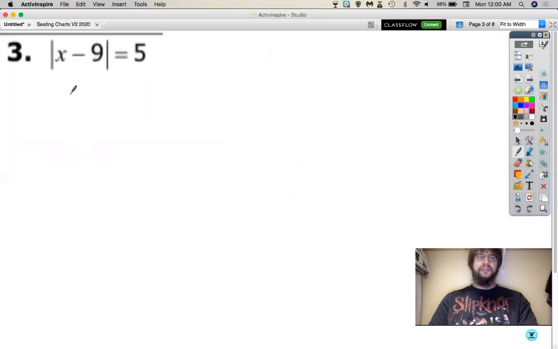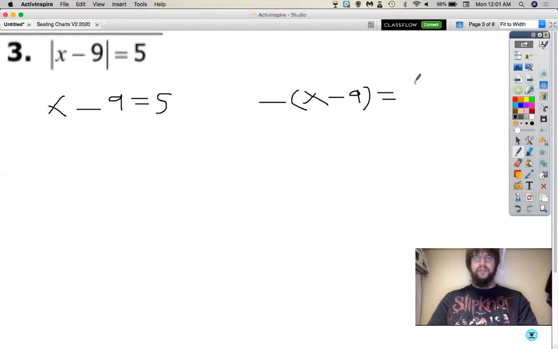So in essence, we're saying either x minus 9 equals 5 or the negative of that, because remember, the absolute value just makes everything positive. Now we do skip a step here usually.